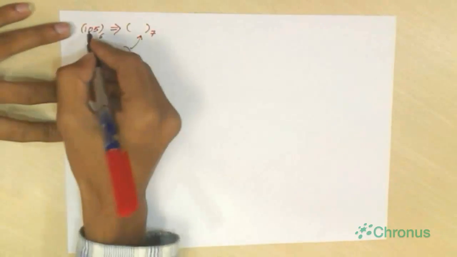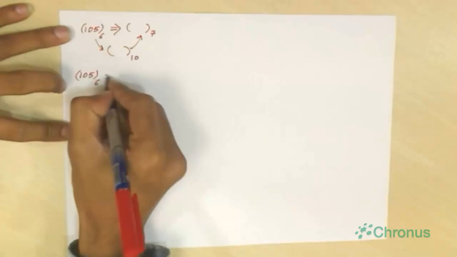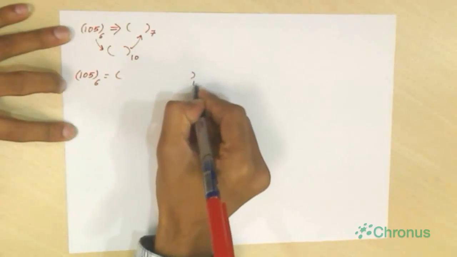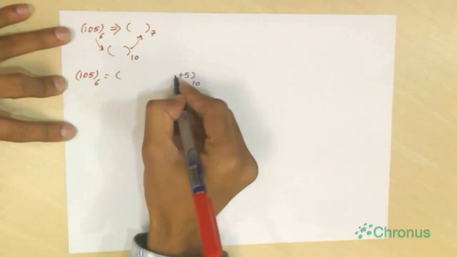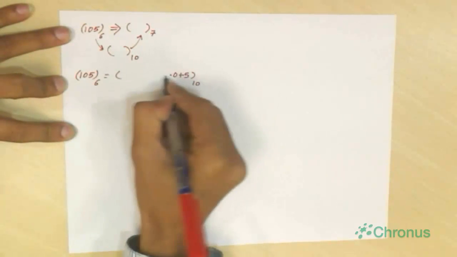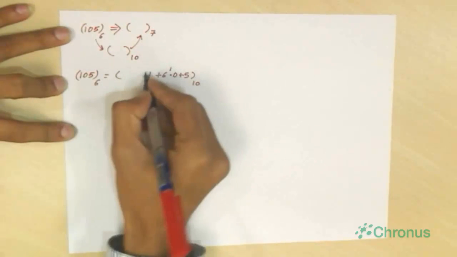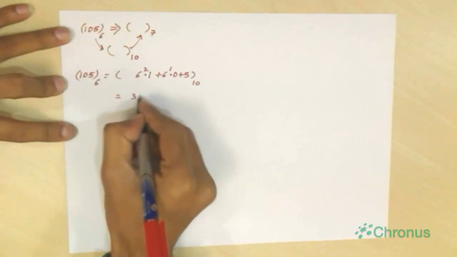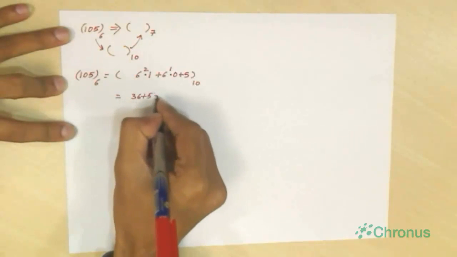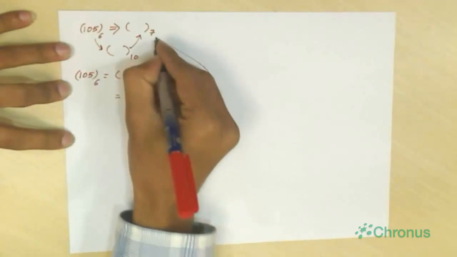So first let's convert 105 base 6 to base 10. It's nothing but the last digit 5 plus the middle digit 0 multiplied by 6 power 1 plus this digit 1 multiplied by 6 square, which is 36, plus 0 plus 5, which is 41 in base 10.